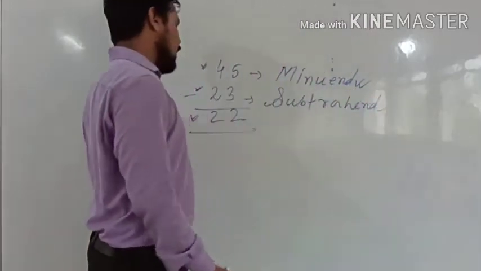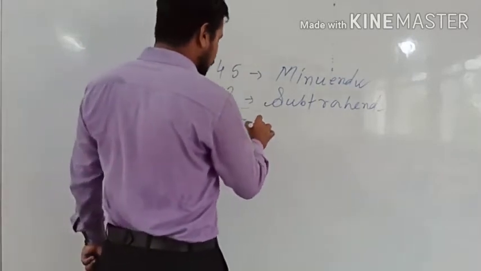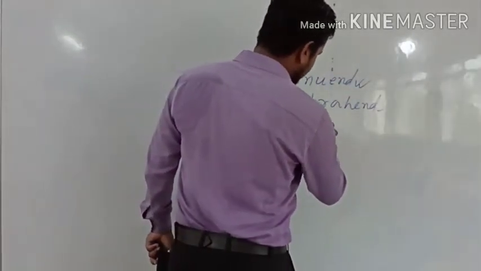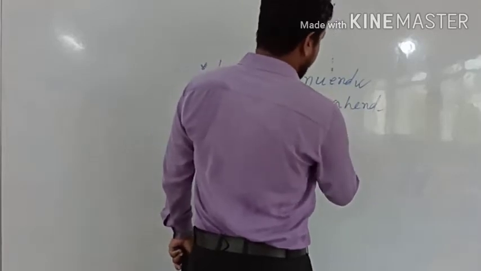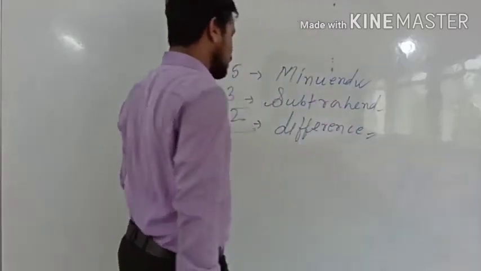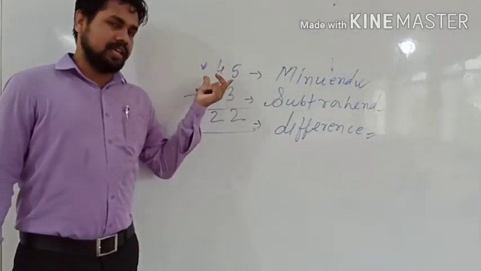And the result which you are getting after subtracting these two numbers, this is called difference, D-I-F-F-E-R-E-N-C-E. So ये जानना बहुत जरूरी है, यहाँ पे कंफ्यूज हो जाते हैं हम लोग.